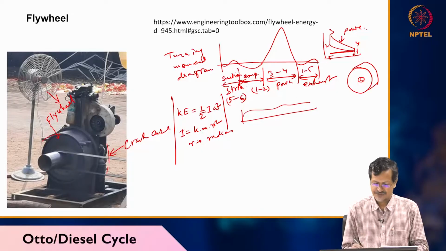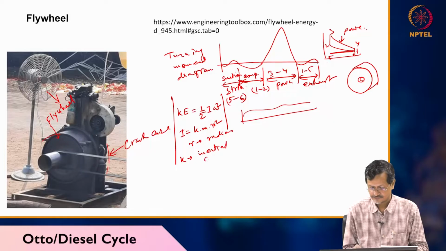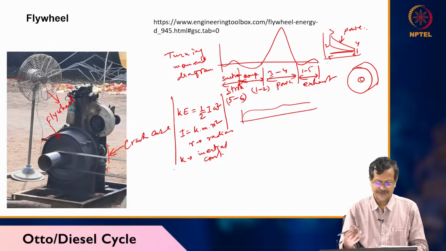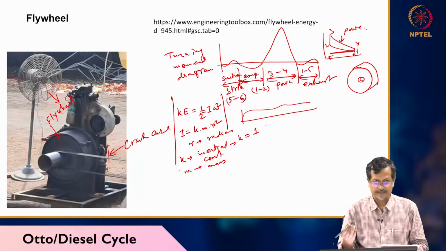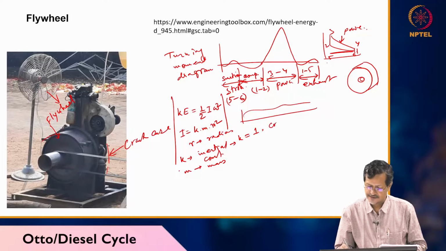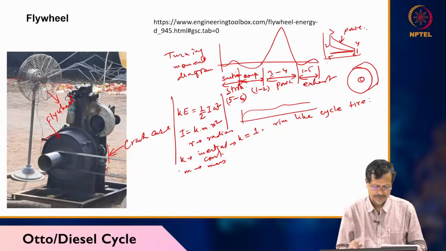K is the inertial constant, depending on the shape of the flywheel. M is the mass of the flywheel. R is the radius. So the K value will be 1 for a rim like a bicycle tire or rim assembly.